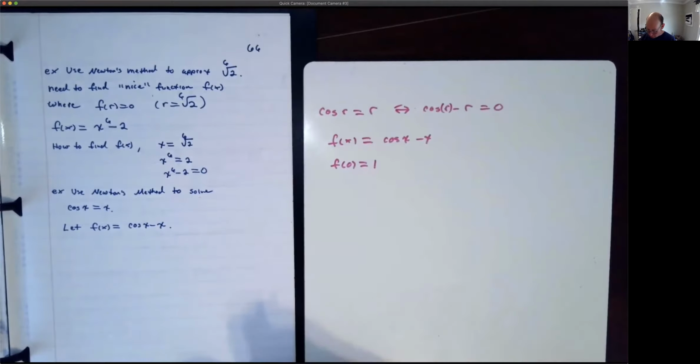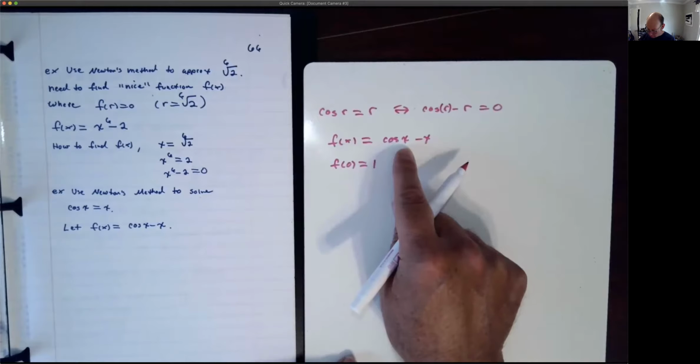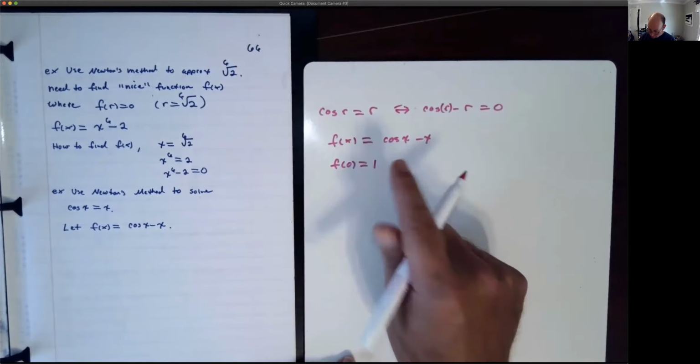If we try pi, or if we try 2 pi, let's see if we can find a negative answer.